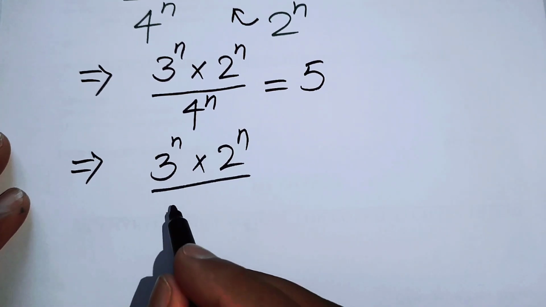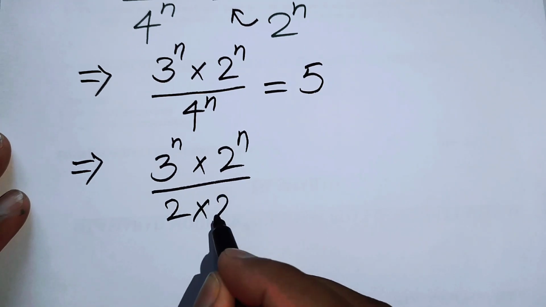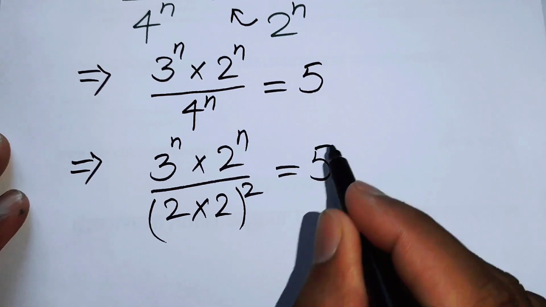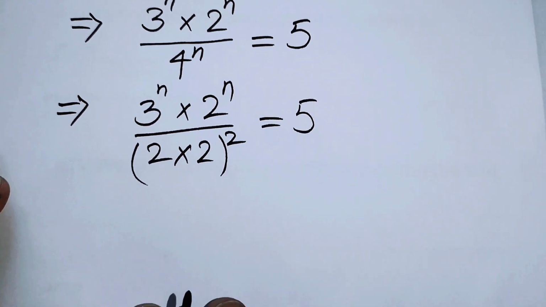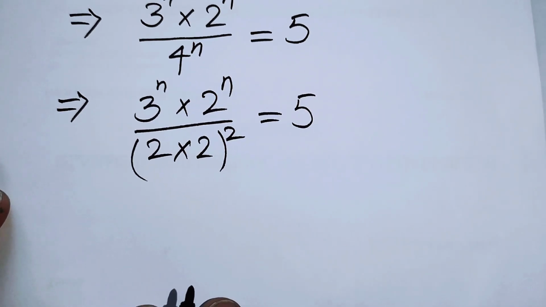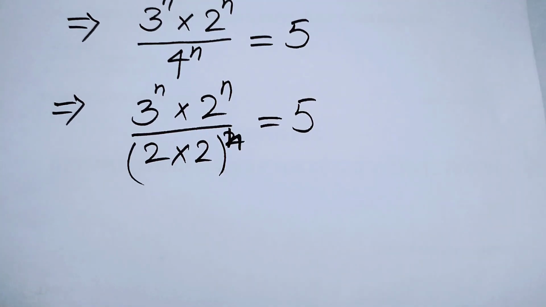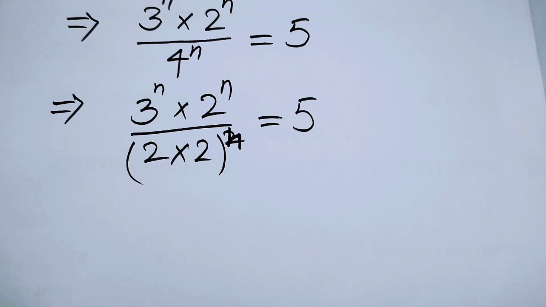Over here you have 4, and it will be written as 2 times 2, and its whole power n is equal to 5. After this step we will use the nice exponential law, and you know about this law.